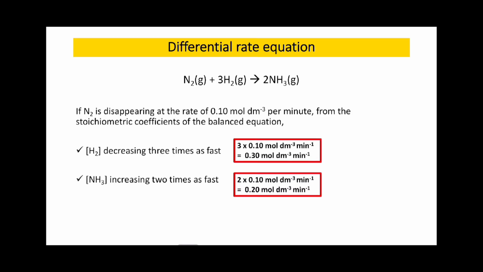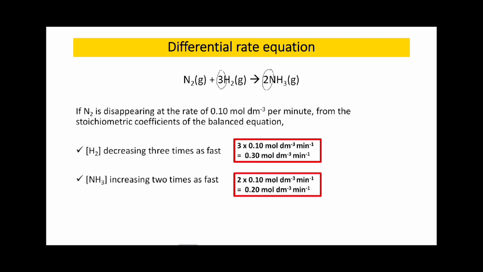Now, let's discuss the differential rate equation. Let's say we have a chemical reaction where nitrogen gas reacts with hydrogen gas to produce ammonia. If nitrogen gas is disappearing at the rate of 0.1 mole per dm cube per minute, from the stoichiometric coefficients of the balanced equation, we can see that the concentration of hydrogen is decreasing 3 times as fast.